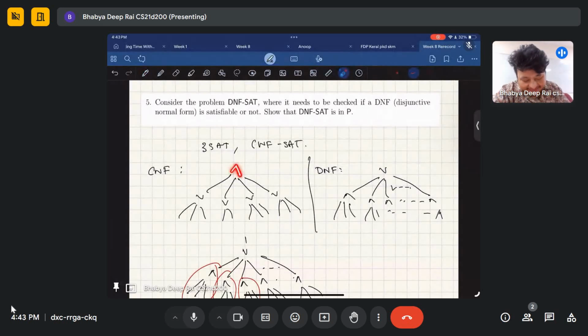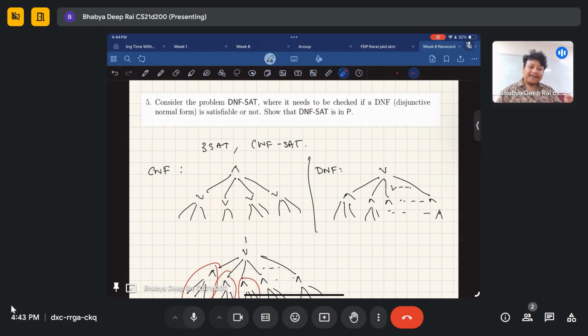Because to satisfy this AND clause itself, you need to satisfy all of these. Now, if you need to satisfy, let's say, this OR and this OR at the same time, if I put an input setting that satisfies this OR, then because of that input setting maybe this one is unsatisfied, and if I again try to satisfy that one, maybe this one is not satisfied anymore.